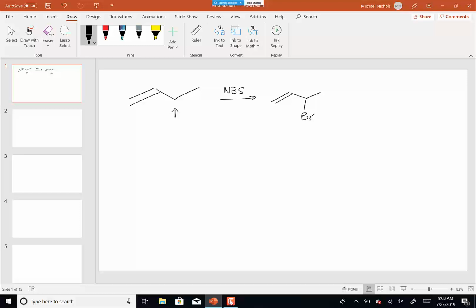Regardless of whether it's bromine light, bromine heat, bromine will preferentially add to the double bond, so that we'll end up with basically adding 2 bromines trans across that double bond. And that's not what we want to do if we want to do free radical halogenation.